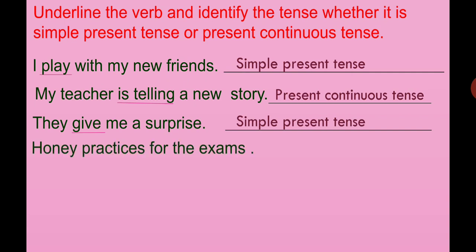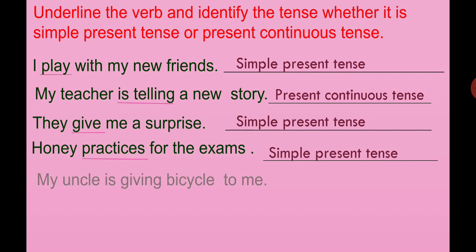Let's see the next example. Honey practices for the exams. Here, what is the verb? Practices. What is the main verb of practices? Practice. So here we add only s with the verb. And when we add s or es to the verb, the sentence will be in which tense? Yes, simple present tense.